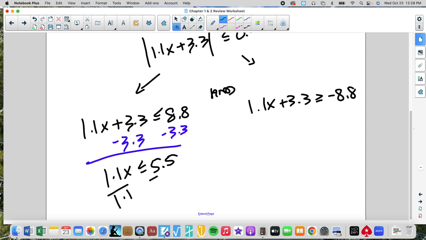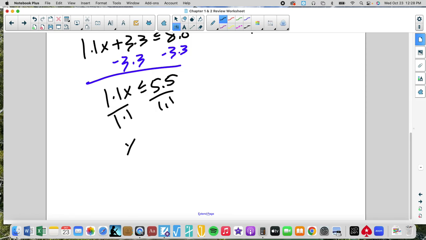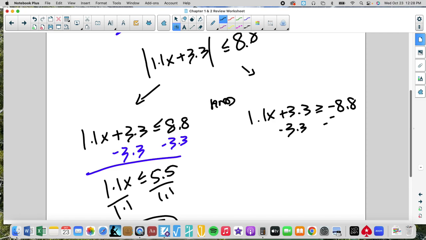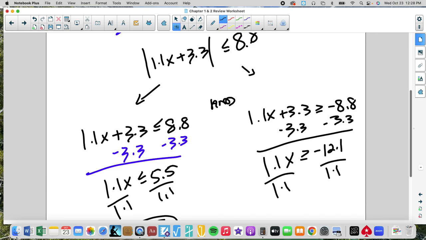Divide by 1.1. We get x is less than or equal to 5. That was nice. Let's minus 3.3. 1.1x is greater than or equal to negative 12.1. Divide by 1.1. X is greater than or equal to negative 11.